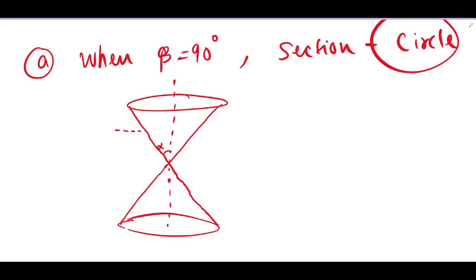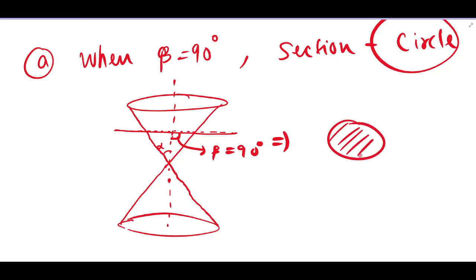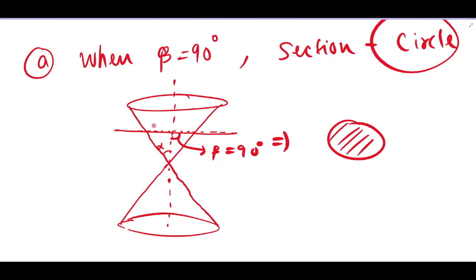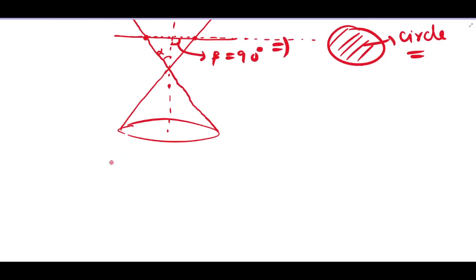So this is a plane surface. So the section will be a circular section at the intersecting point. So this is circular in shape when beta is 90 degrees.